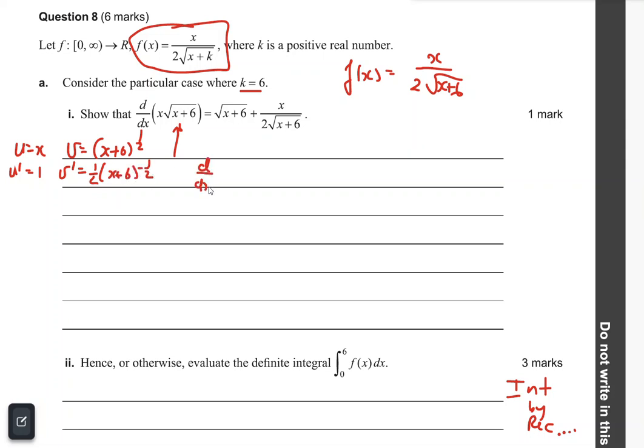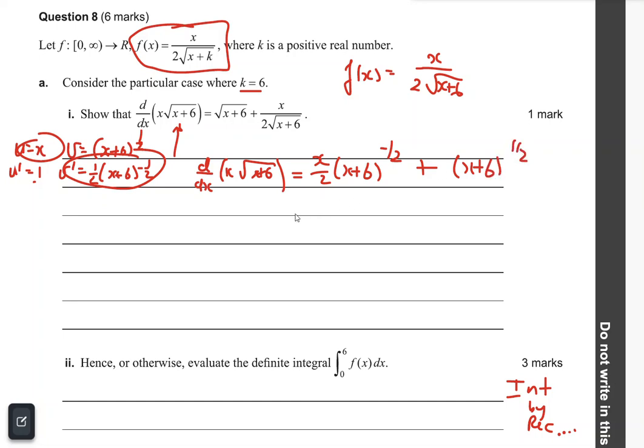Therefore dy dx of x times the square root of x plus 6 will equal this times this, x on 2, x plus 6 to the negative a half, plus this times this, which is x plus 6 to the positive a half, which is x on top of 2 square root of x plus 6, plus the square root of x plus 6, which is exactly what we have there.